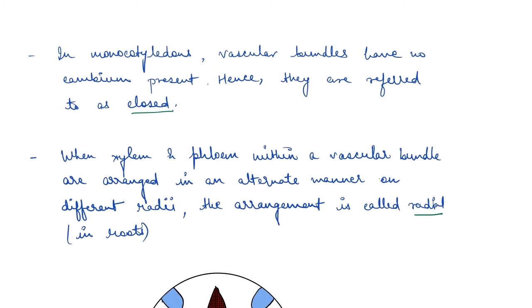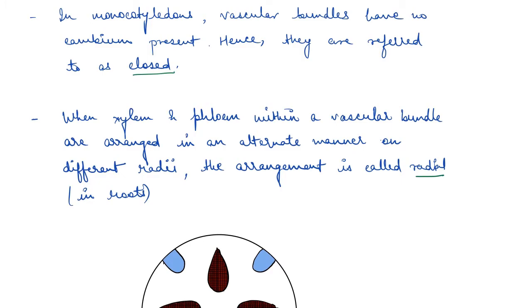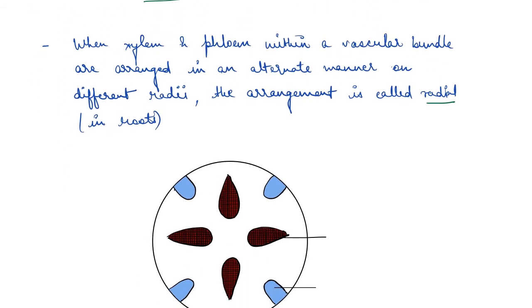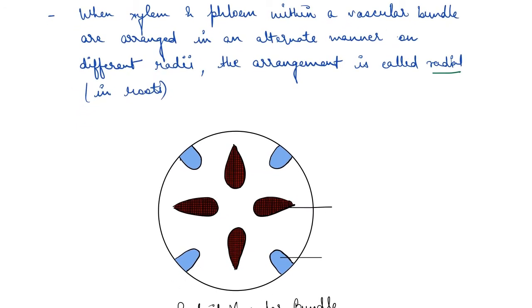Now, remember that if the xylem and phloem are arranged in an alternate manner or on different radii, the arrangement is known as radial. And this happens in roots. So these are arranged alternate on different radii, and this is known as radial vascular bundle, right?